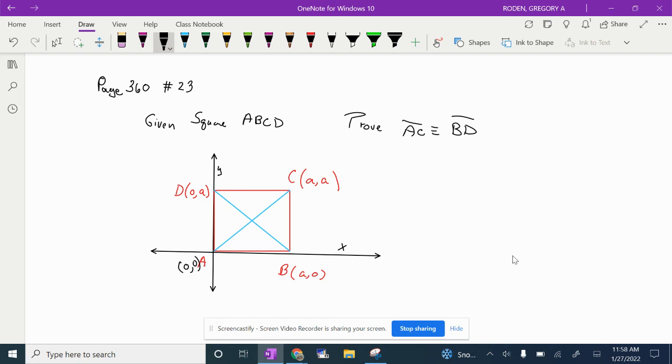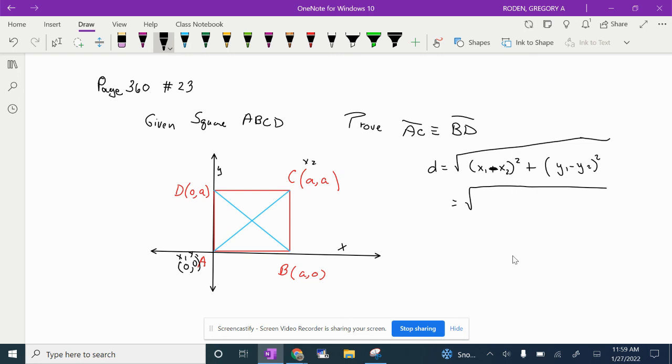Okay, so the distance formula says that we have the square root of x1 minus x2 squared plus y1 minus y2 squared. All right, so here we go. So let's call this x1, y1, and x2, y2, okay?